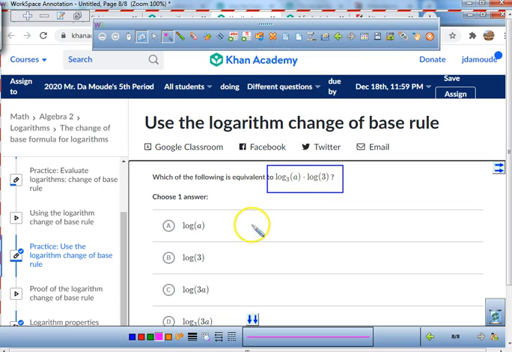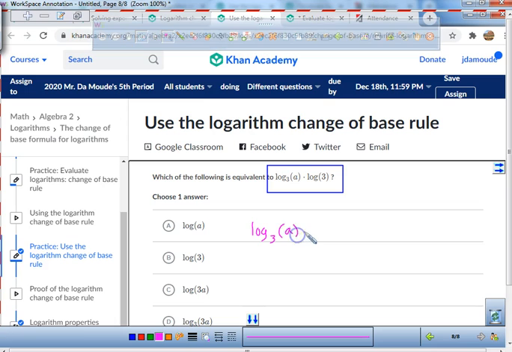So here we go. So I have the log base 3 of a times the log of 3. Now, if I use the change of base formula, I can rearrange this guy. I can rearrange it as the log of a over the log of 3 times the log of 3 over 1.